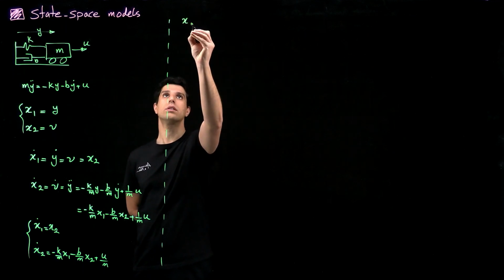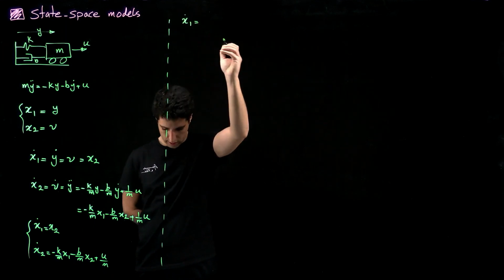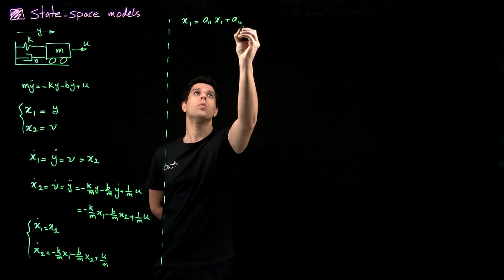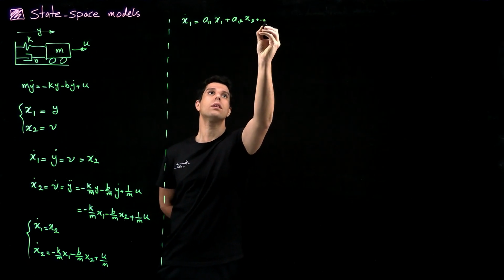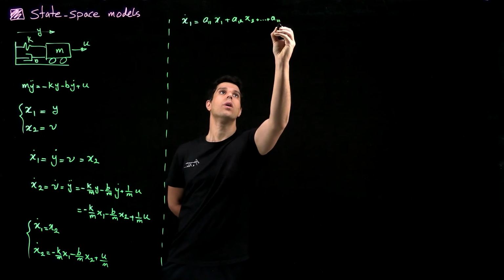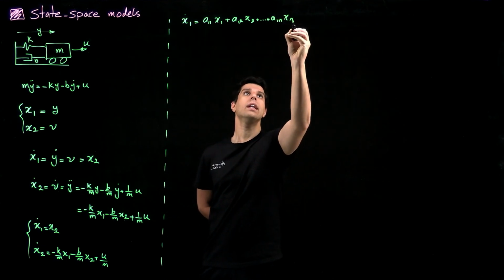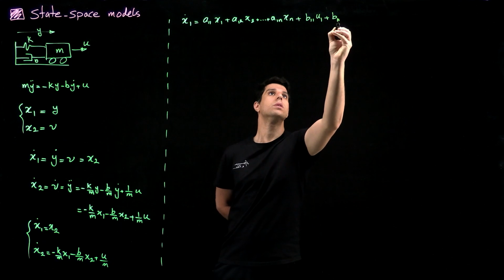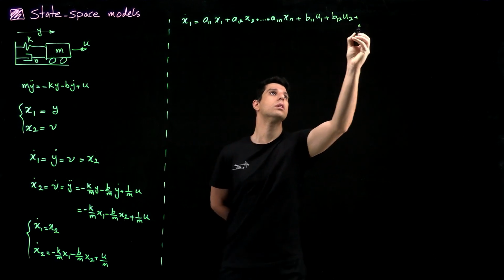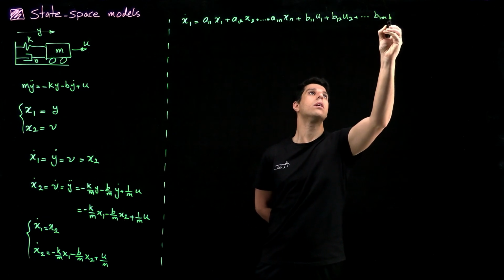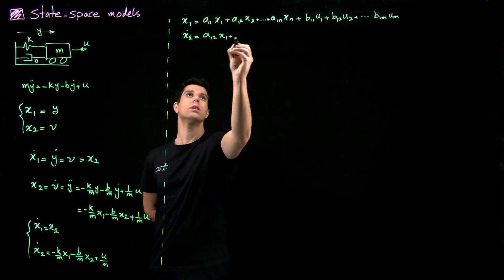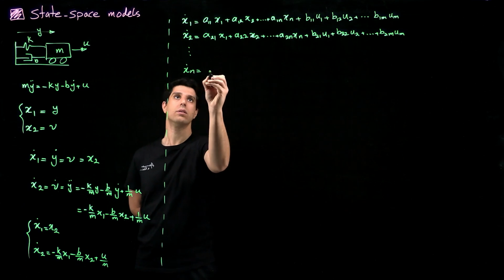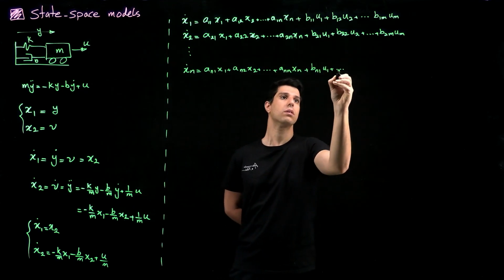They will look something like this: x dot 1 equals a11 x1 plus a12 x2 plus dot dot dot plus a1n xn plus b11 u1 plus b12 u2 plus dot dot dot b1m um, and the same for x dot 2 equals a21 x1 plus a22 x2 plus a2n xn plus b21 u1 plus b22 u2 plus b2m um, all the way to x dot n equals an1 x1 plus an2 x2 plus ann xn plus bn1 u1 plus bn2 u2 plus bnm um.